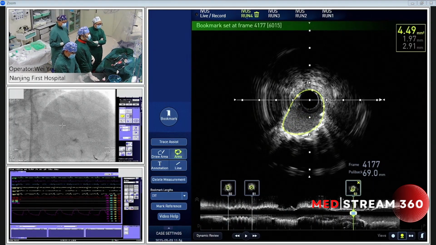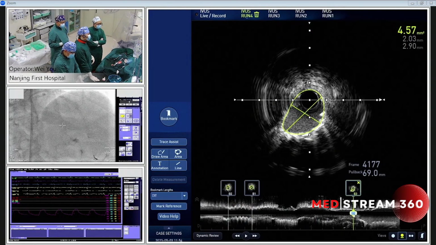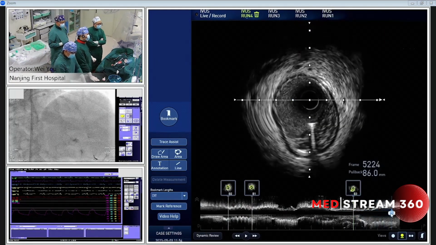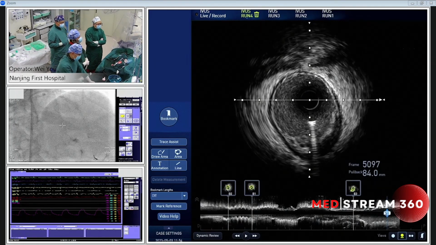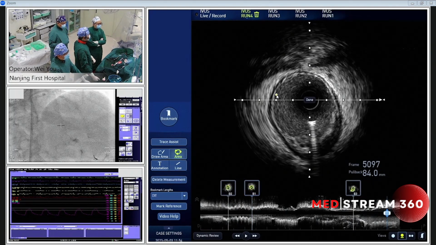The distal is okay, and the proximal is okay too, no dissection. And the plaque burden is not more than 50. Can you measure it? The plaque burden is very important at the proximal edge. The result is consistent with the ULTIMATE trial.